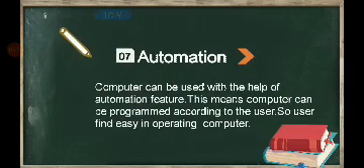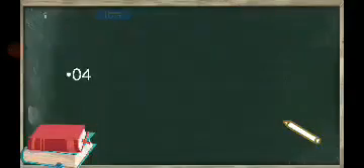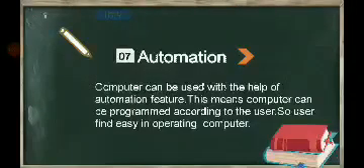Okay, and now the seventh one and the last one, I guess, we have automation. So what is automation? Automation means we can make the computer work automatically, but this automatically means we have to program it. If we program the computer according to the work we need to do, we can make the computer do all the work itself.